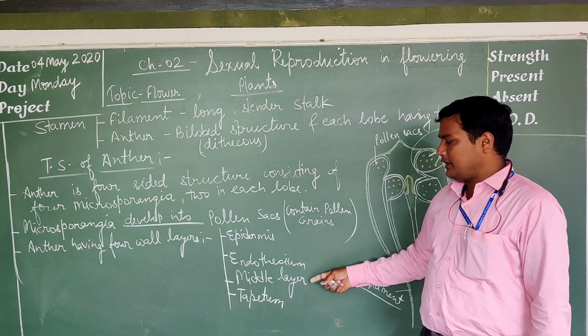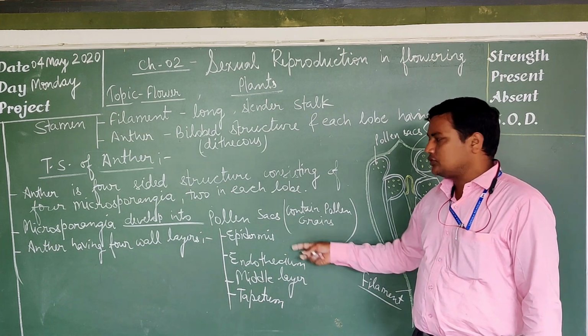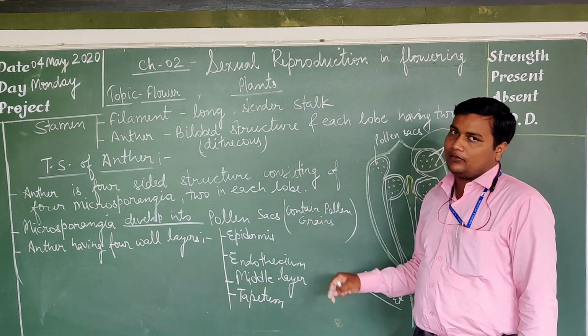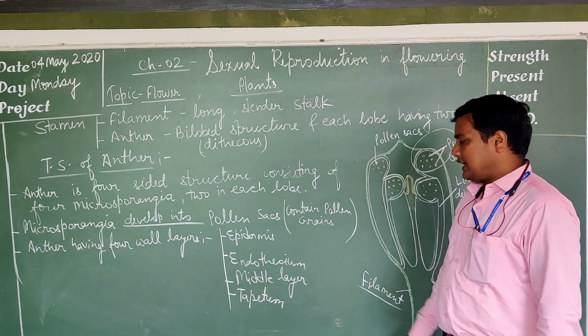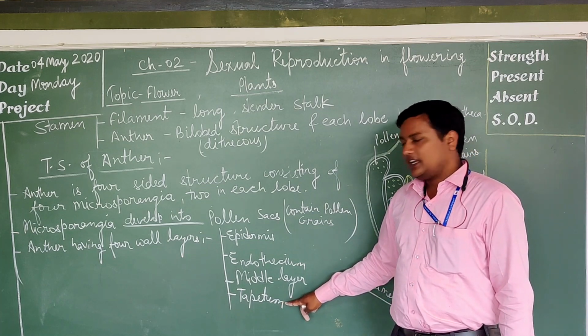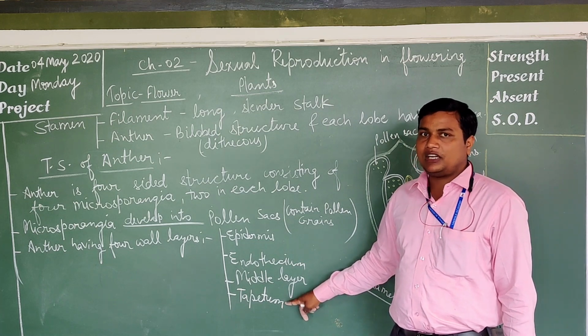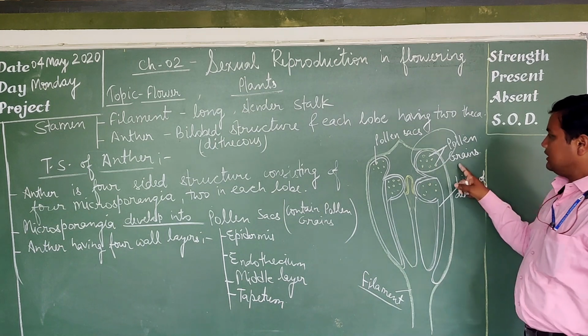Epidermis, endothecium and middle layer are protective layers, and they also help in the dehiscence and release of pollen grains. Tapetum is the innermost layer, a single layer, and it provides nourishment to the developing pollen grains.